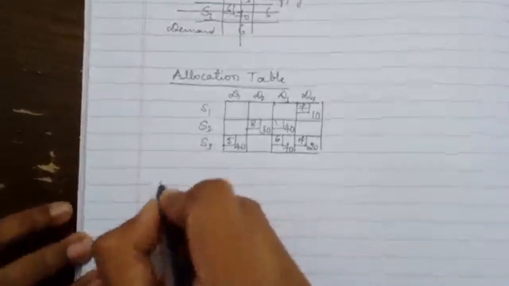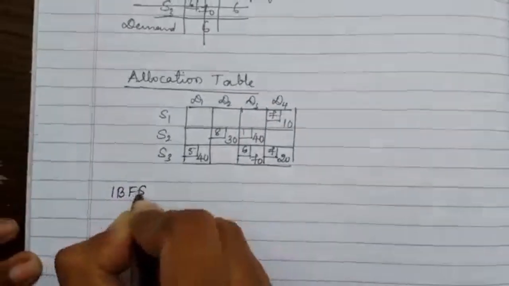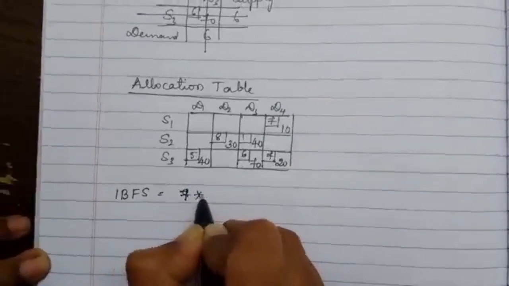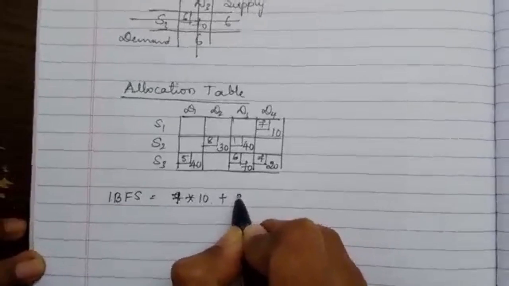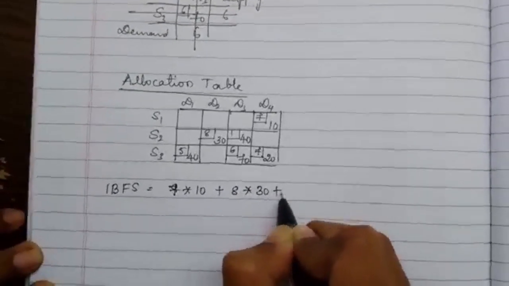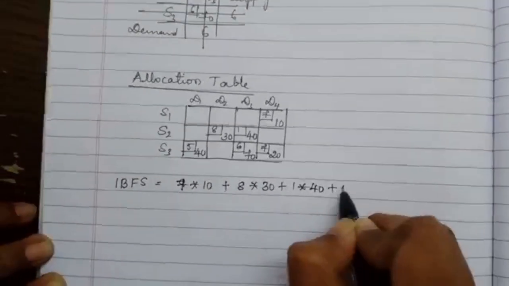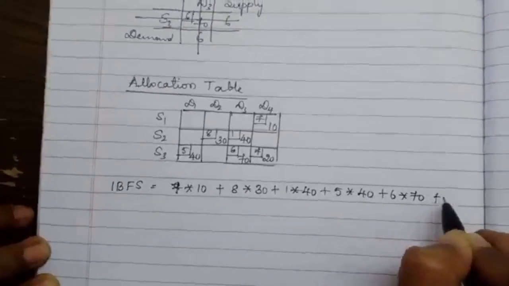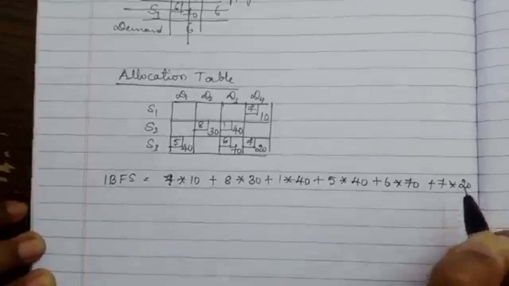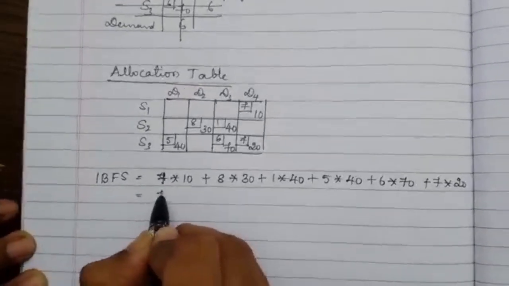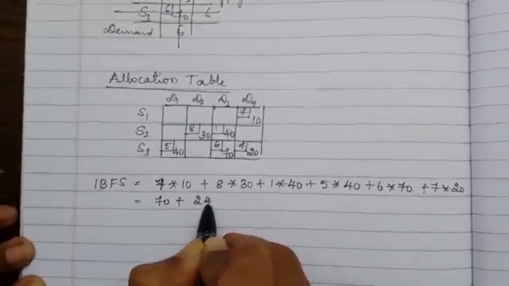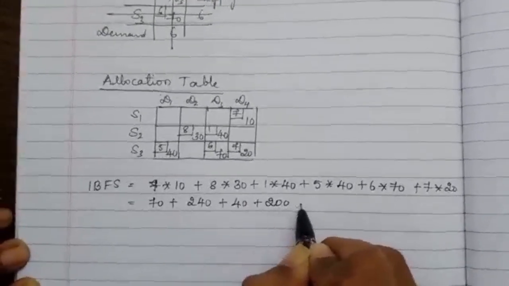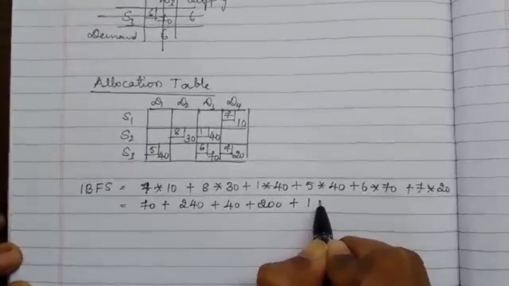Now we will find the initial basic feasible solution, that is allotment multiplied by cost: 7 into 10 plus 8 into 30 plus 1 into 40 plus 7 into 20 plus 5 into 40 plus 6 into 70.